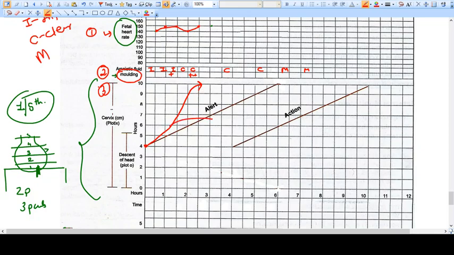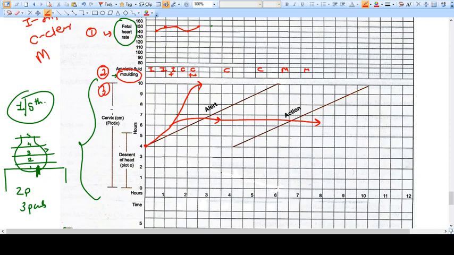If it crosses the alert line, you have to take some actions, and if it crosses the action line, yes, go for cesarean section and send to a higher center. It's not like that whenever the partogram crosses the action line you need to do cesarean section. No, it's not like that. But now you need to seriously consider that cesarean section is an option.